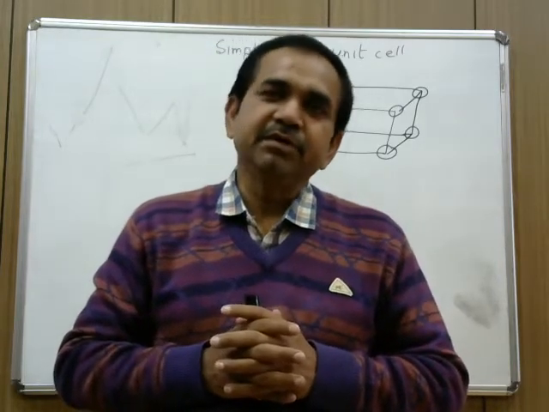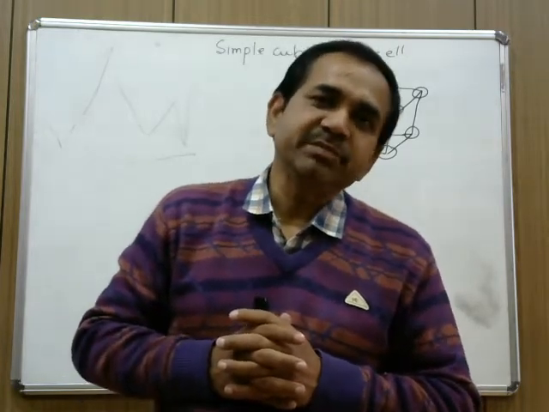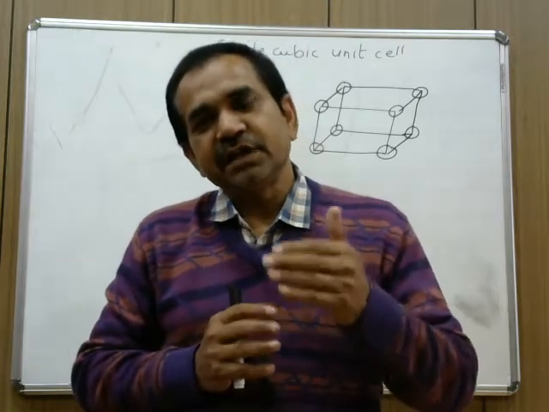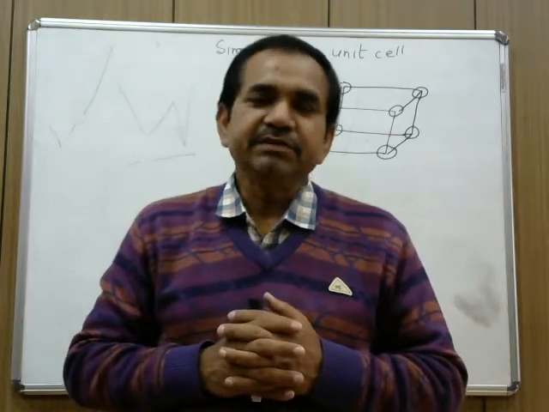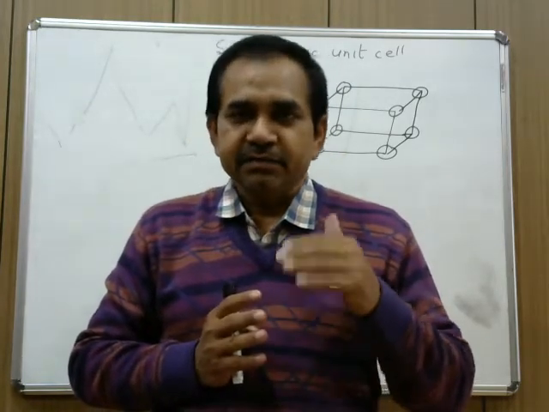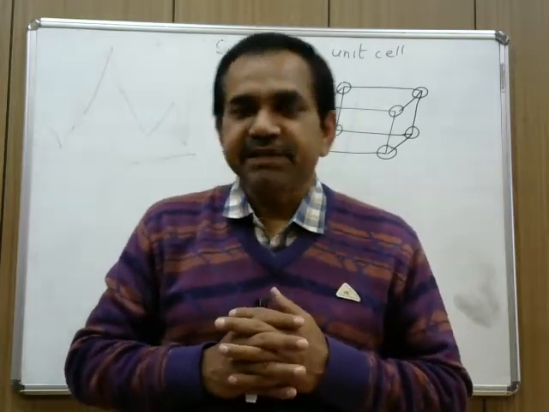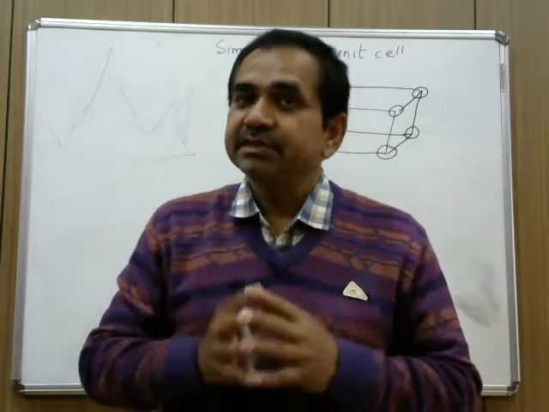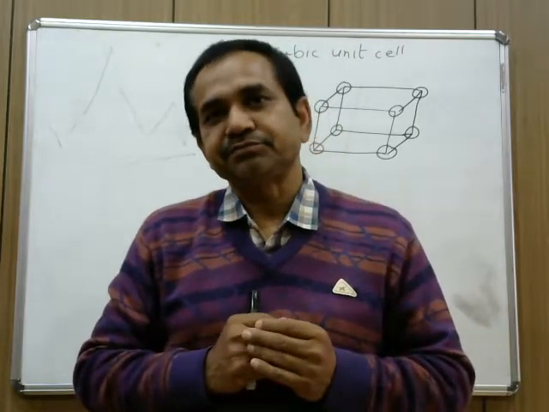One is a primitive or basic unit cell, wherein constituent particles are only present at the corners. The second is a non-primitive or centered unit cell, wherein constituent particles are also present at faces or at the body center, apart from those at the corners.